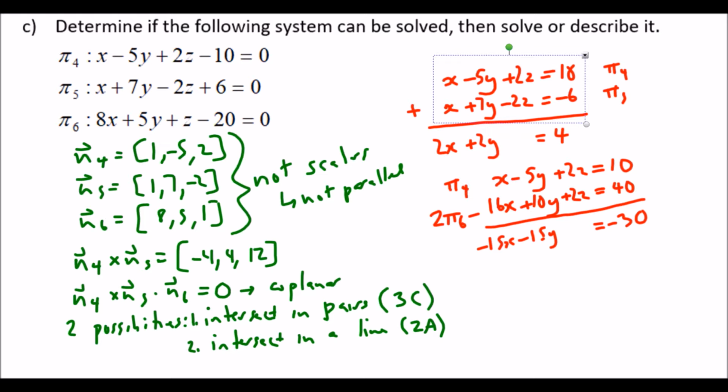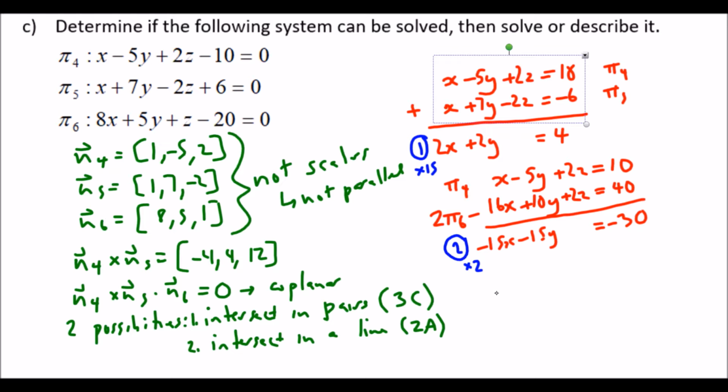And hopefully, some alarm bells are ringing here. Why, Mr. Wills? Because now I've got two equations here, equation 1 and equation 2. I'm going to multiply my equation 1 by 15, and multiply my equation 2 by 2. Why, Mr. Wills? Because I'm going to eliminate the x's here.